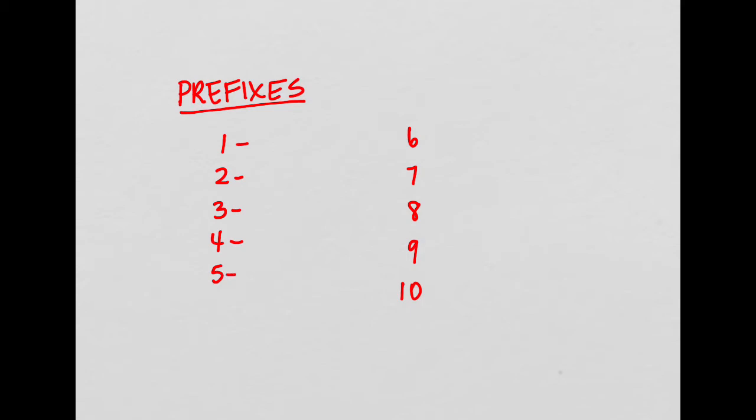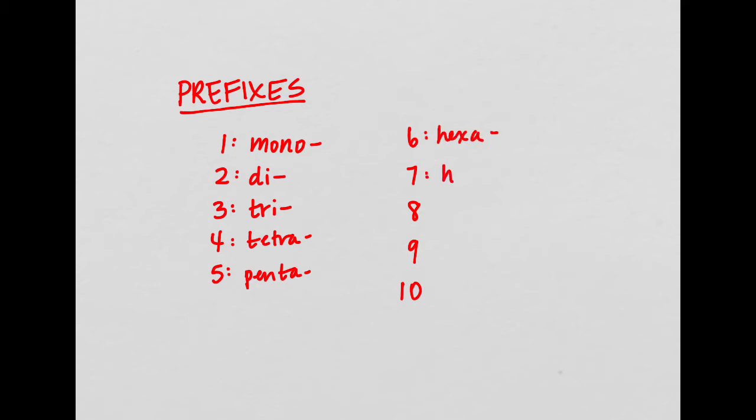Our prefix for 1 is mono, for 2 it's di. 3 is tri. 4 is tetra. 5 is penta. 6 hexa. 7 hepta. 8 octa. 9 nona. And 10 deca.